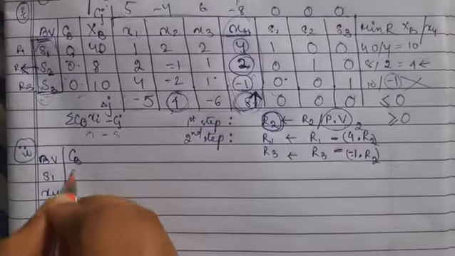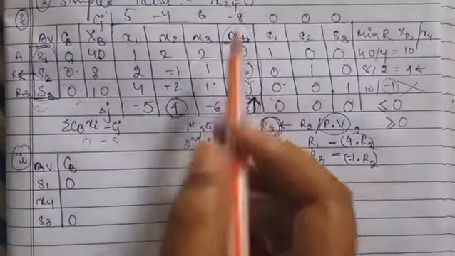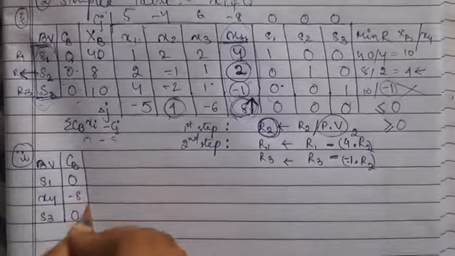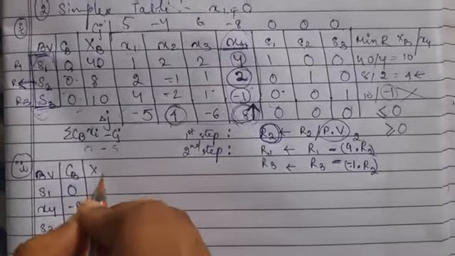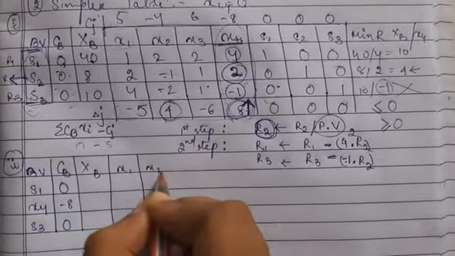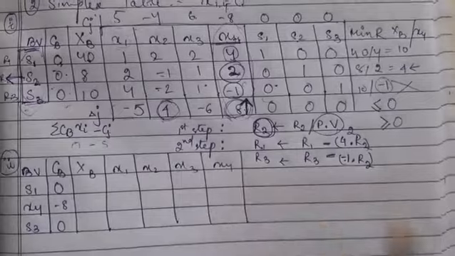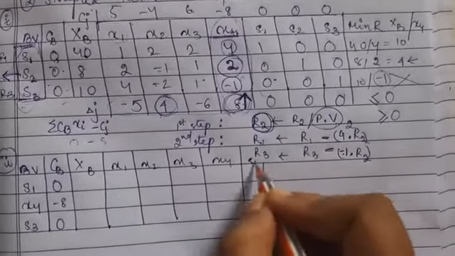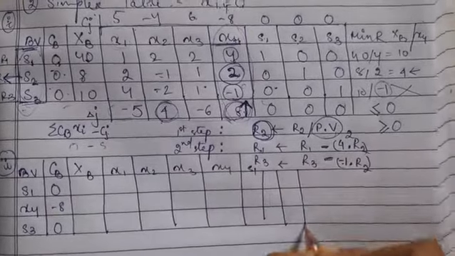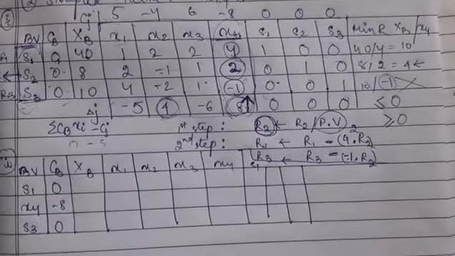Their respective coefficients are, for X4 it is -8, then XB, these we need to find, X2, X3, X4, and S1, S2 and S3.